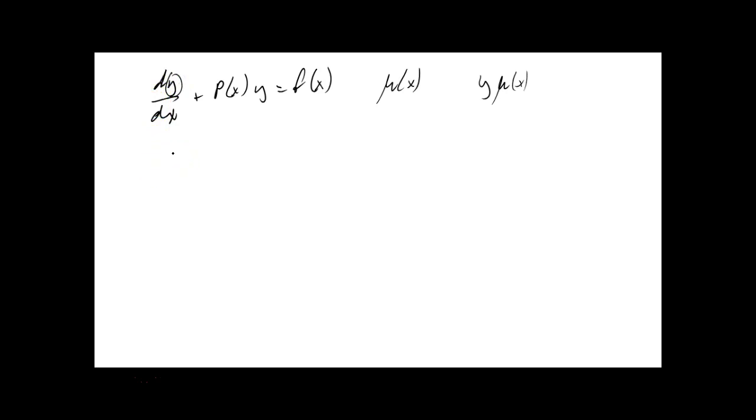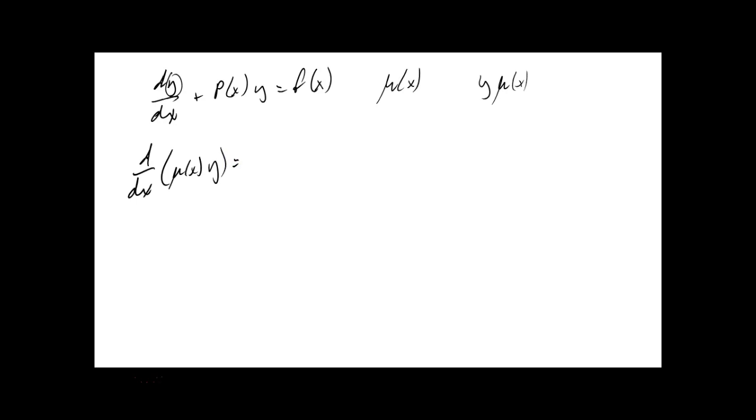So let's multiply by mu of x. So this will be d by dx of, not y anymore, but mu of x times y. Now, that's all they've done. They've taken the y from here and multiplied by mu of x.